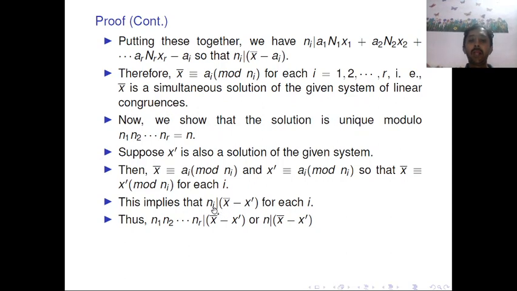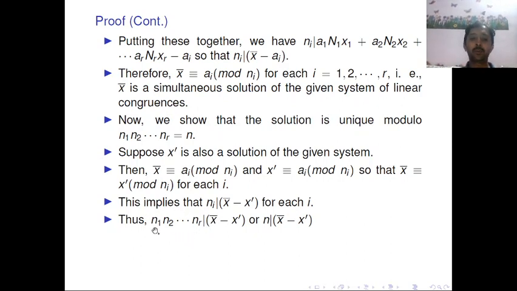And ni divides x bar minus x dash for each i implies that n1 divides x bar minus x dash, n2 divides x bar minus x dash, n3 divides x bar minus x dash, and so on. nr divides x bar minus x dash, and that means that n1 into n2 into n3 etc. into nr divides x bar minus x dash. This is because each of these ni's is going to be relatively prime with all the other ni's, right? So the product also divides x bar minus x dash.